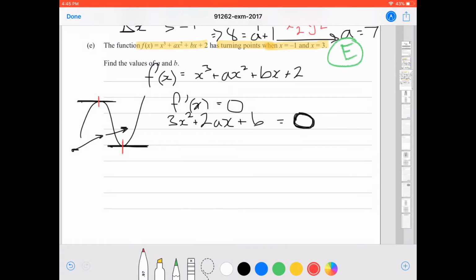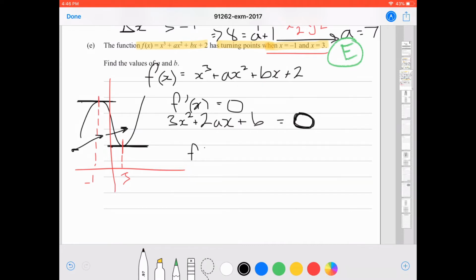And so if we've got turning points at x equals -1 and x equals 3, let's say, okay, we could draw some axes in here, like this. We could bring our turning point coordinates down to the axes, and obviously the small x value is going to be on the left, so -1 and 3, right?